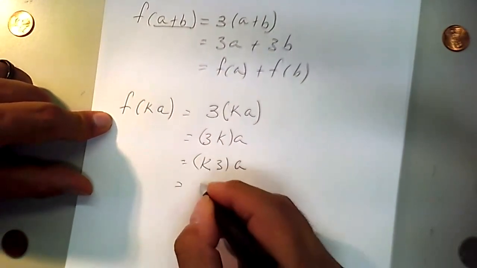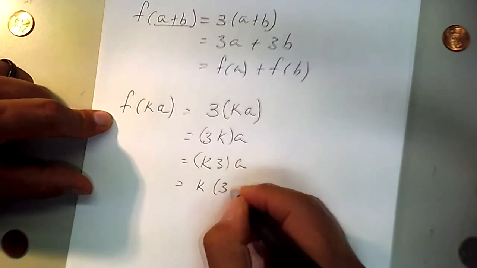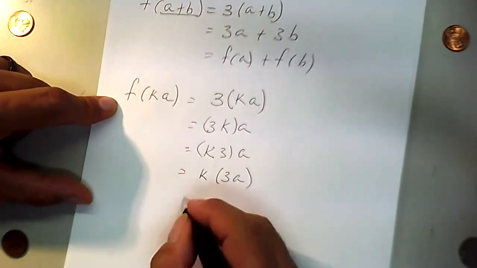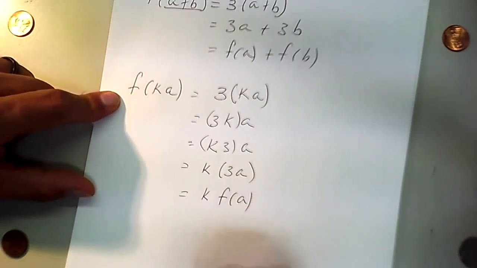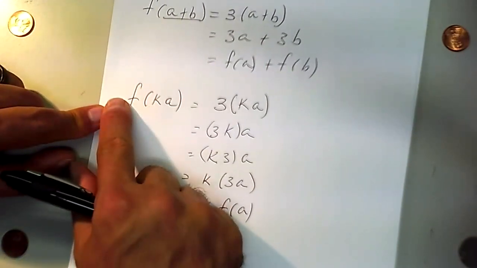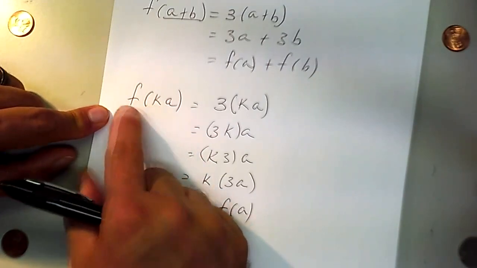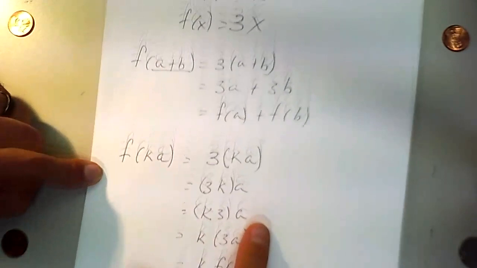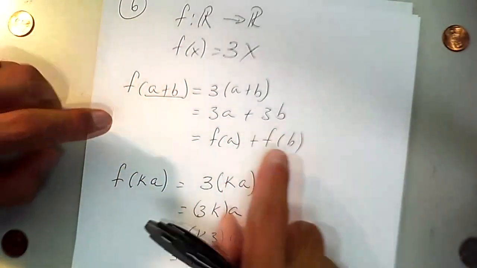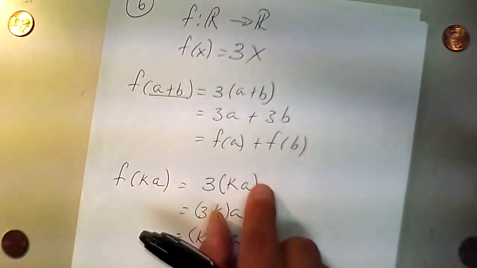We can reassociate. I know this is confusing. And that is exactly k times f of a. So if the k can factor out, that's what we are trying to do. If the k, a constant, can factor out, that's good. If the addition can sort of factor out, then we're good.